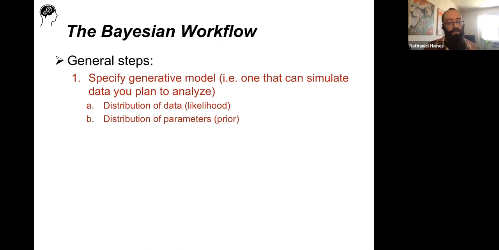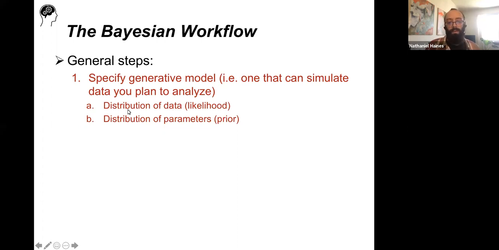So if you've ever gone into R and simulated data from a normal distribution, say taking 10 draws or 10 samples from a normal distribution, that would be a generative model of observations that come from a normal distribution. And so that's the basic idea that we want to do when we specify a generative model, but we want to do it in such a way that it's capturing all of the different patterns in the data that we are interested in.